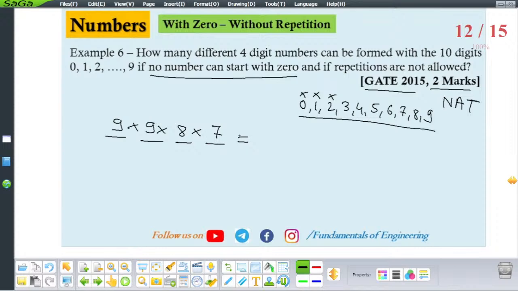You can put your answer in the chat box.